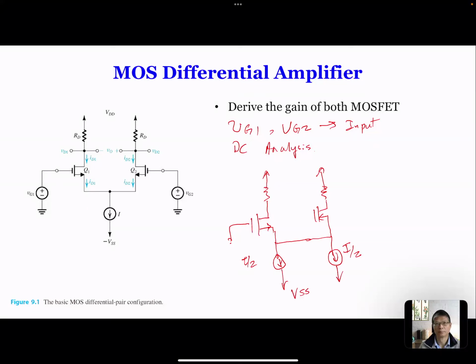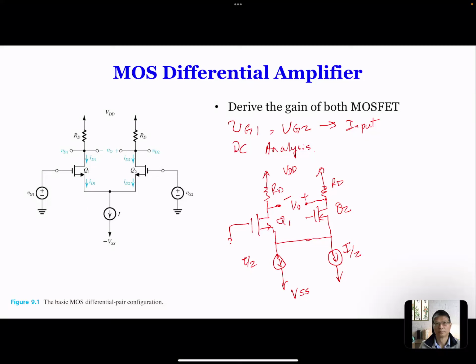The top is connected with VDD, and it's RD and RD, they're symmetrical, and then we get the output between the drain of MOSFET Q2 and MOSFET Q1.